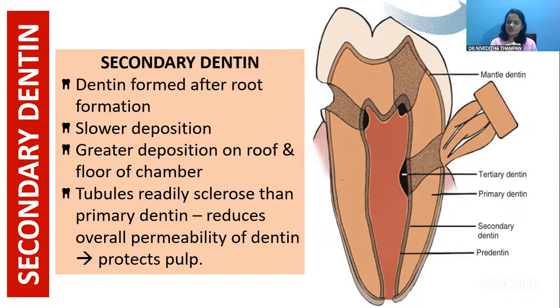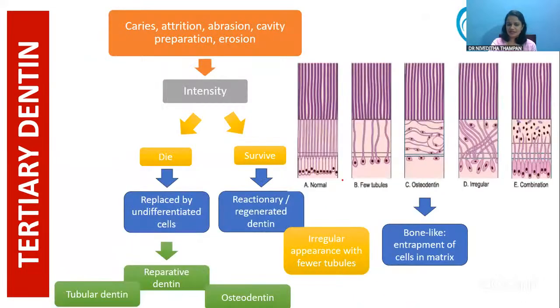Sclerosing can be considered a protective mechanism of dentin, to protect the pulp area from any kind of microorganism or insult. So this dentin is trying its maximum to protect the pulp area by getting sclerosed. Such reduced permeability will be seen in the secondary dentin alone.